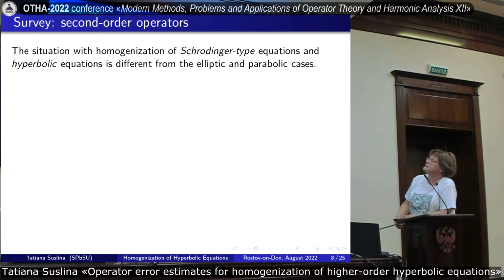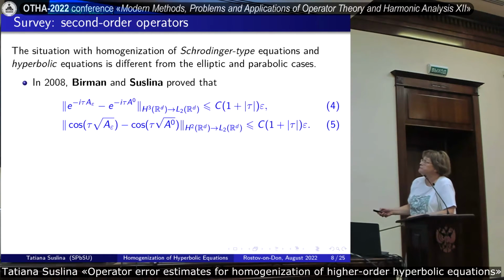Now let us discuss the situation with the homogenization of Schrödinger type equations and hyperbolic equations. The situation differs from the elliptic and parabolic cases. Our last joint paper with Mikhail Solomonovich Birman in 2008 was devoted to such non-stationary homogenization problems.